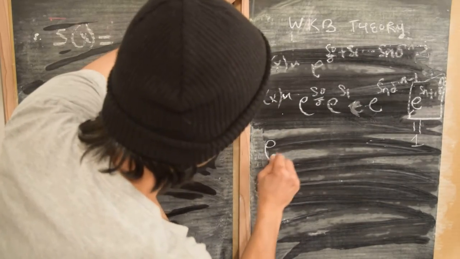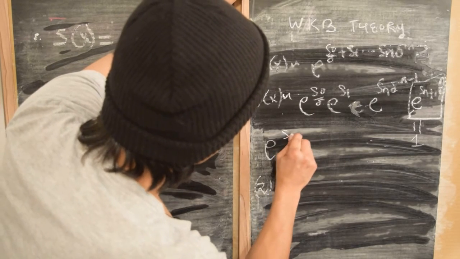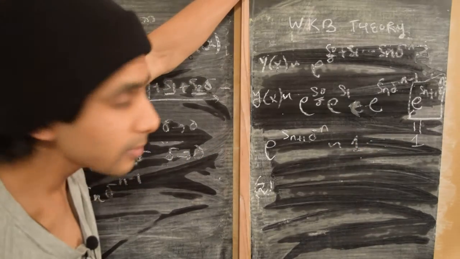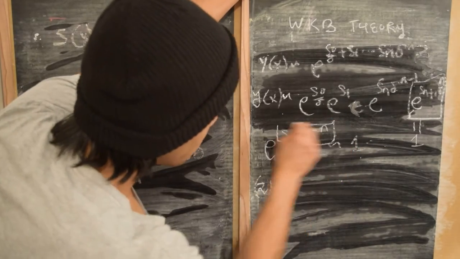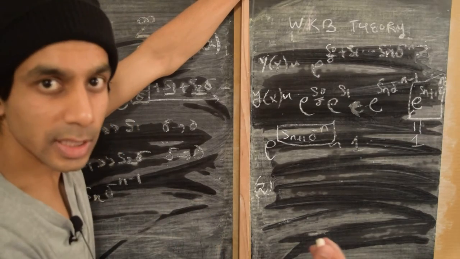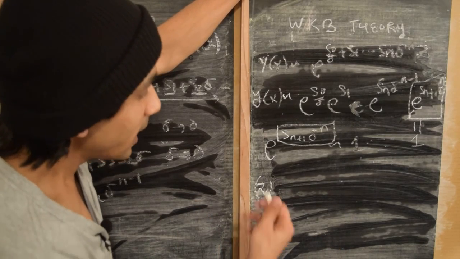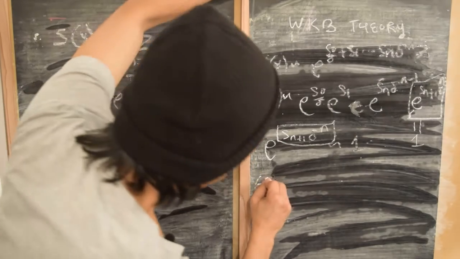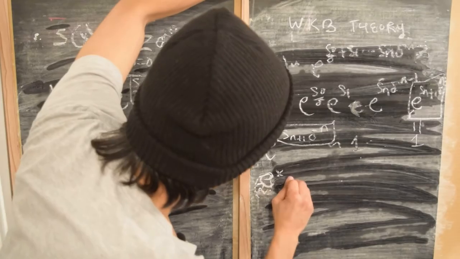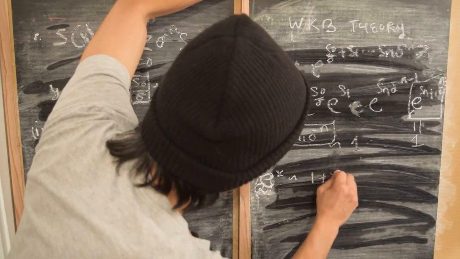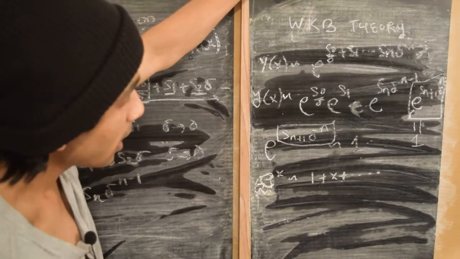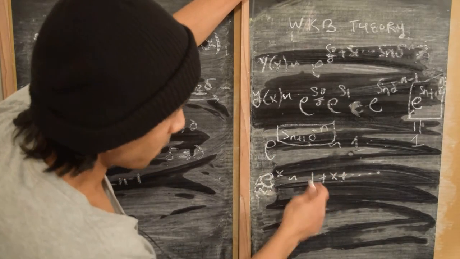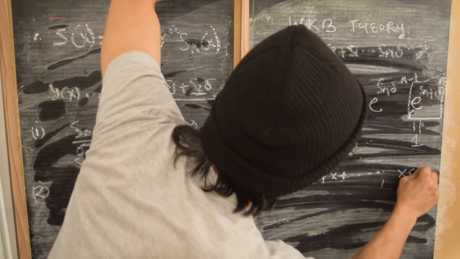So what we want is that the term that we are ignoring, e to the power of S n plus 1 delta to the n, should be of order 1, which means that, if you recall the power series expansion of an exponential, e to the power of x is 1 plus x plus higher order terms. So if you want to approximate this exponential as something that's of order 1, this is valid when x is much less than 1.